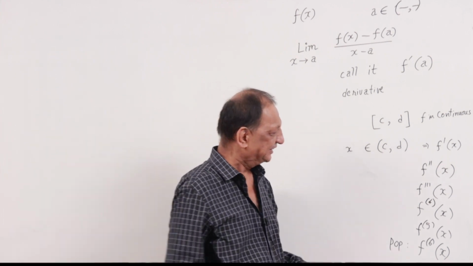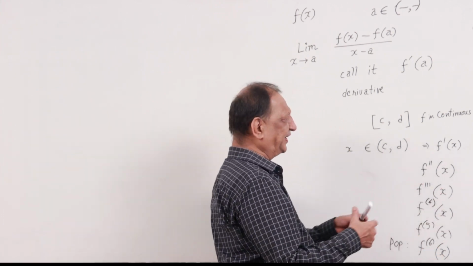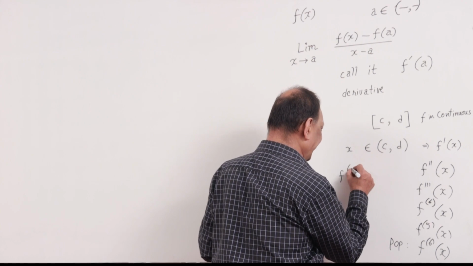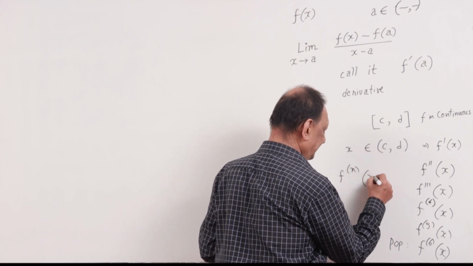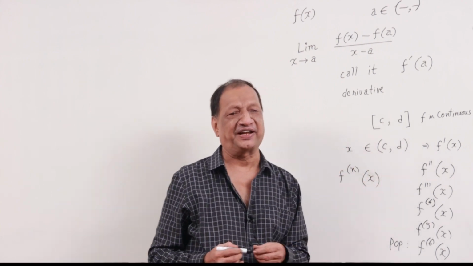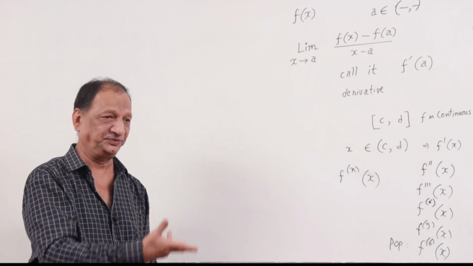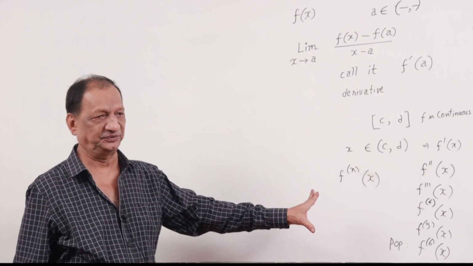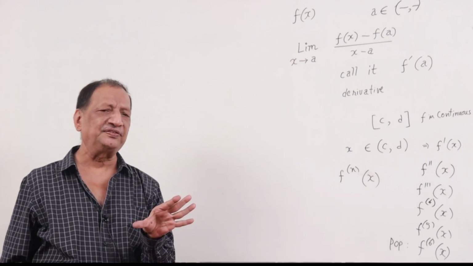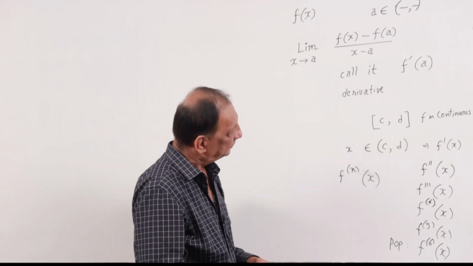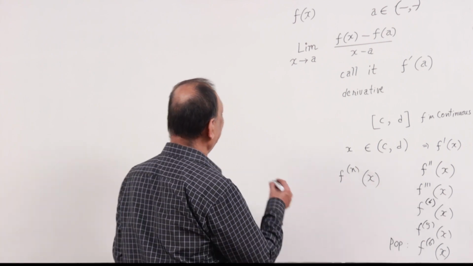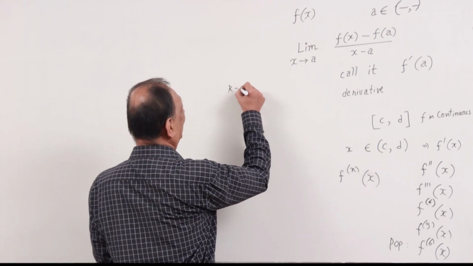By this notation, one advantage is I can say f^(n)(x) is the nth order derivative of function f(x). I differentiate it n times. That is f^(n)(x). So you can say a polynomial is k-times differentiable.